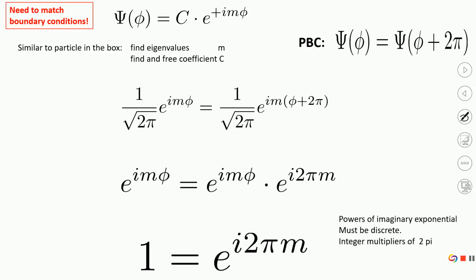The summation of arguments of the exponential is equivalent to the product of two exponentials with these different arguments. Okay?